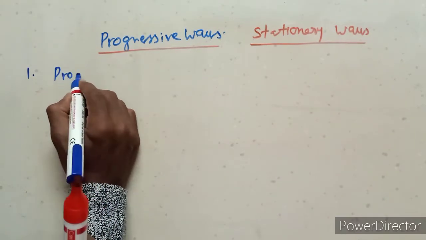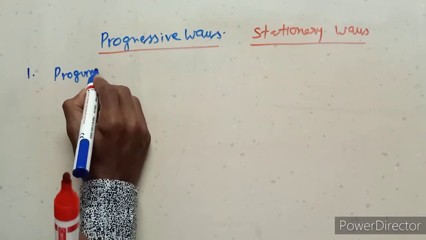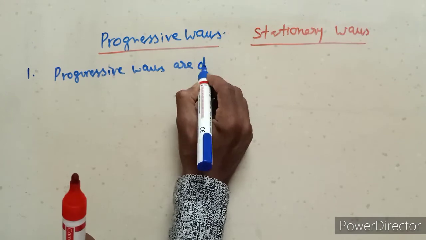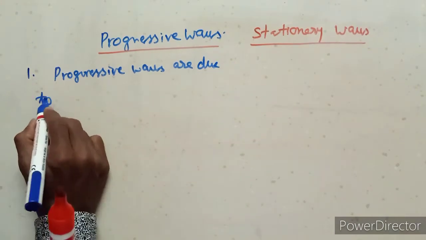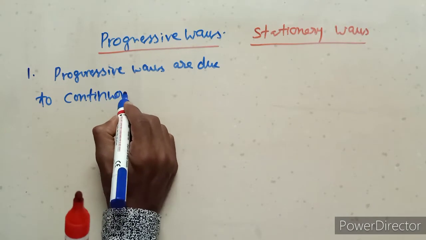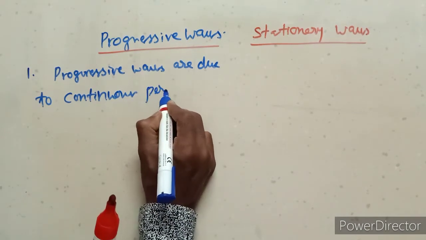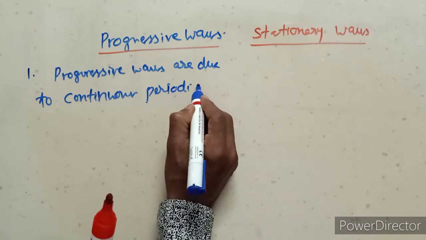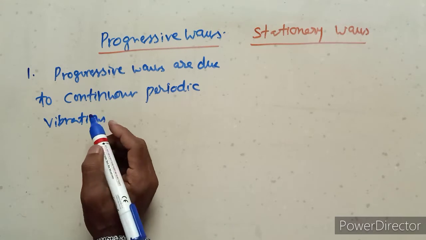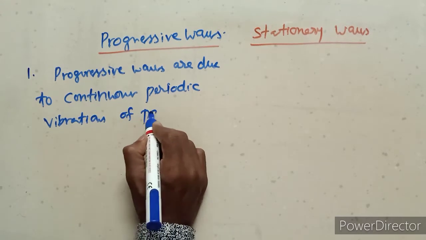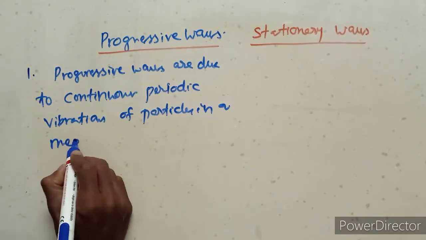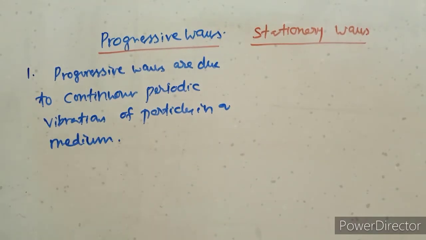Progressive waves are due to continuous periodic vibrations of particles in a medium.